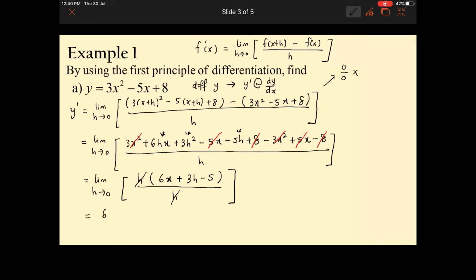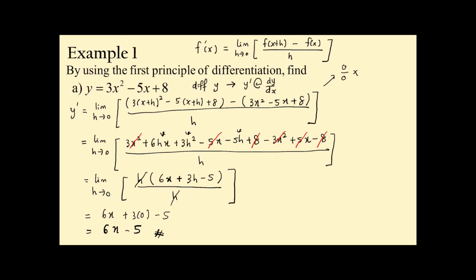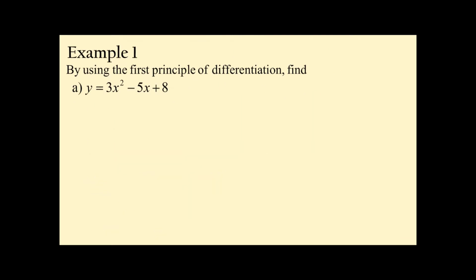And last step, once again, try to substitute the limit value into your function. So we will get 6x plus 3 times 0 minus 5. And your final answer would be 6x minus 5. And that is basically how you find the derivative of your function by using first principle concept.